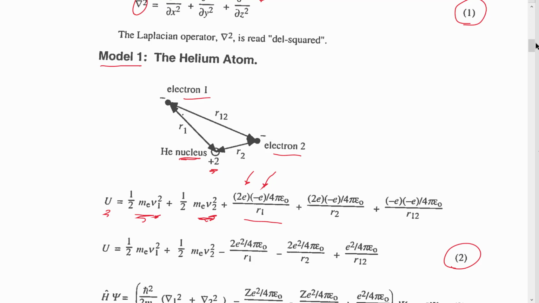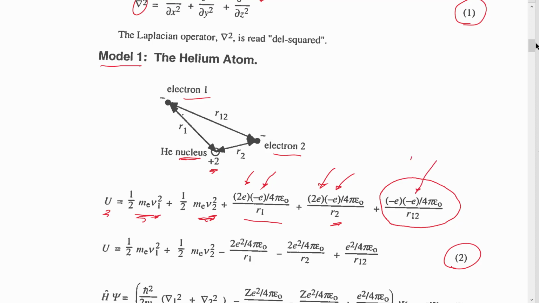It therefore also makes sense to think about the second electron. The distance that the second electron is away from the nucleus is R2. In this fourth term again, we see the charge on the nucleus is a plus charge, and the charge on the electron. So what is the final fifth term in this expression?